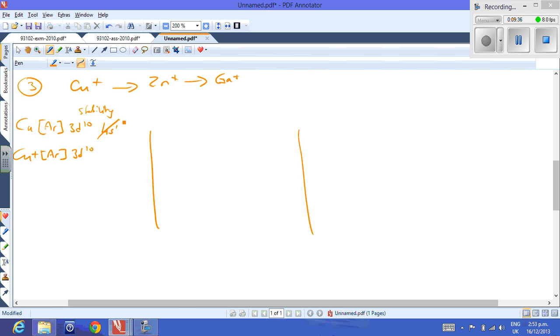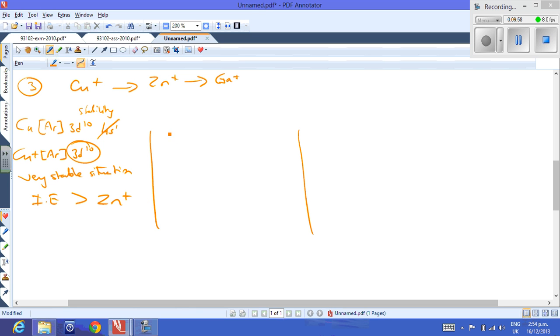So straight away you can see this is a very stable situation. You have your full 3d orbital there, therefore the ionization energy for your copper is greater than the ionization energy for your zinc situation. And why is that? So let's take a look at zinc then.